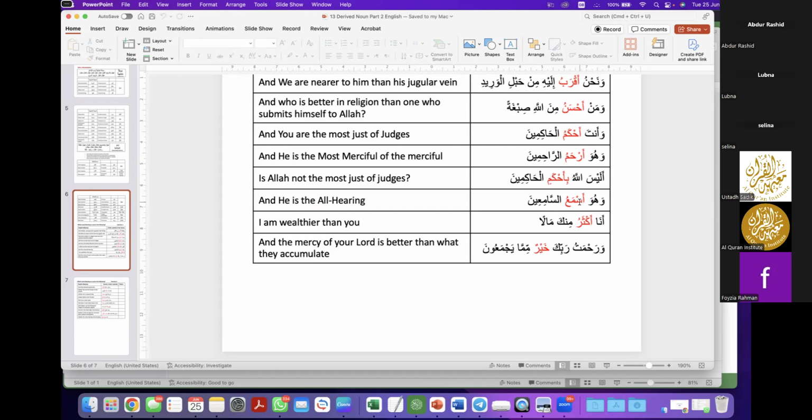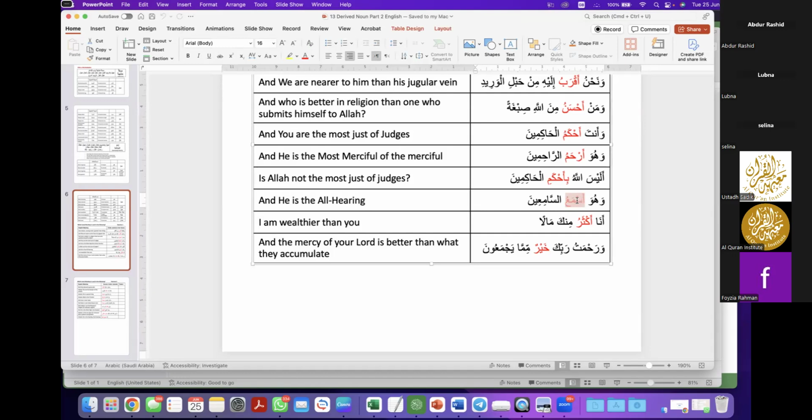Asma'u, he can hear the most. So asma'u has got an element of shibhul fi'l. I just wanted to mention that to you. And you will find such situations where clearly there is no alternative but to translate it with a complete verbal meaning. So this is an example, but there will be much clearer examples later on as well. Okay, that's fine. What's the next one, please?